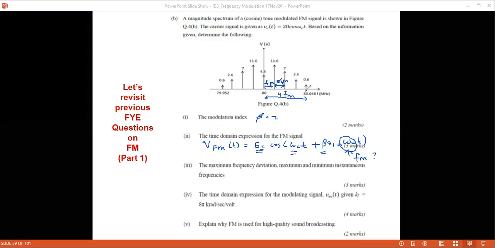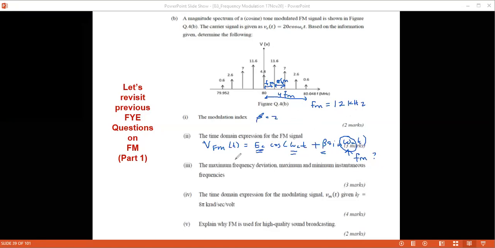So if you minus 80.048 divided by 40, the frequency maximum here minus our carrier's frequency, and then divide by 4, we get our Fm. So it's 48 kilohertz divided by 4, 12. So Fm is 12 kilohertz.